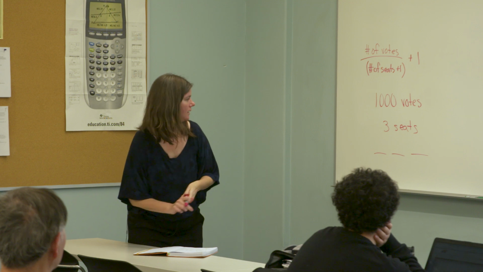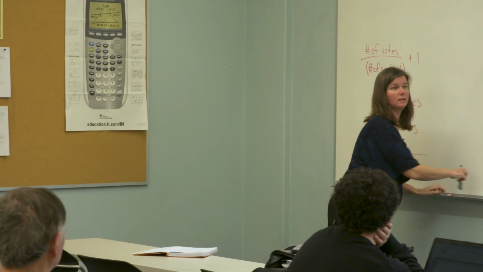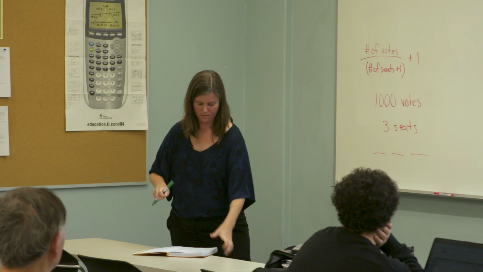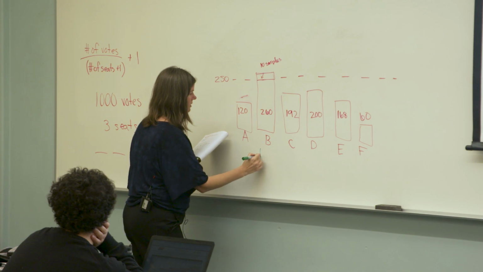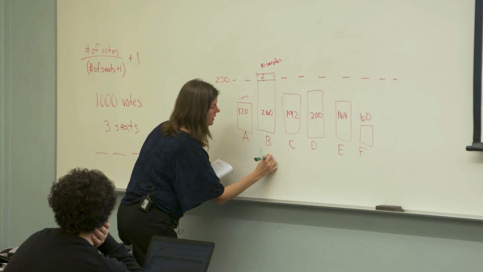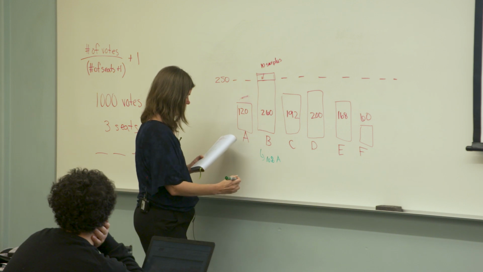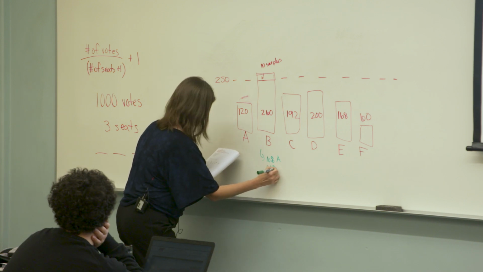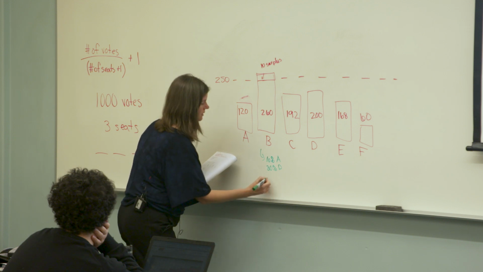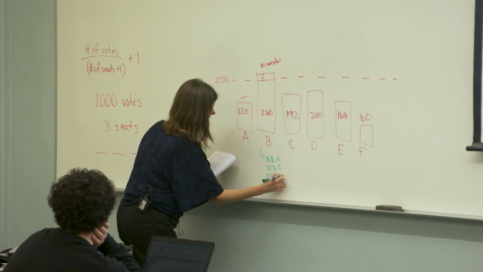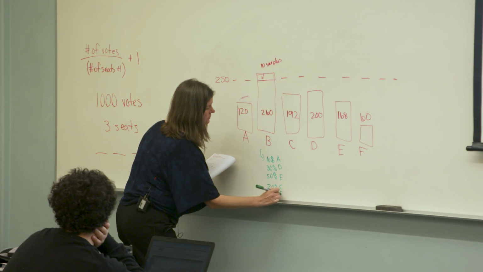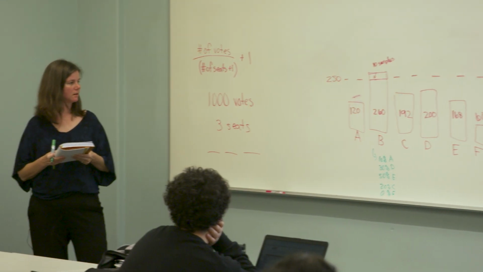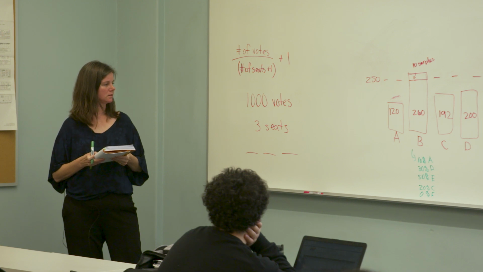So let's say, let me use a different color. Let's say of these 260 people, 10% of them have A as their second place vote. 30% have D as their second place vote. 50% have E. And 20% have C. And 0% have F. Is that too much?